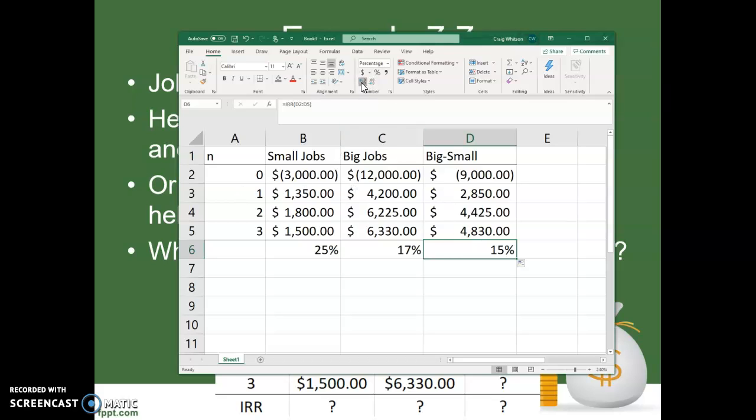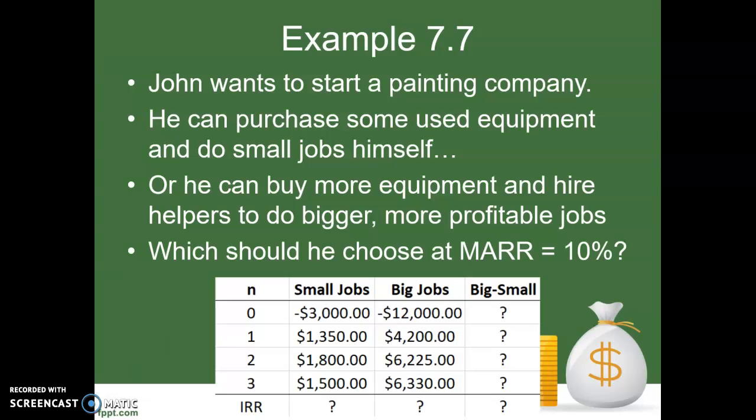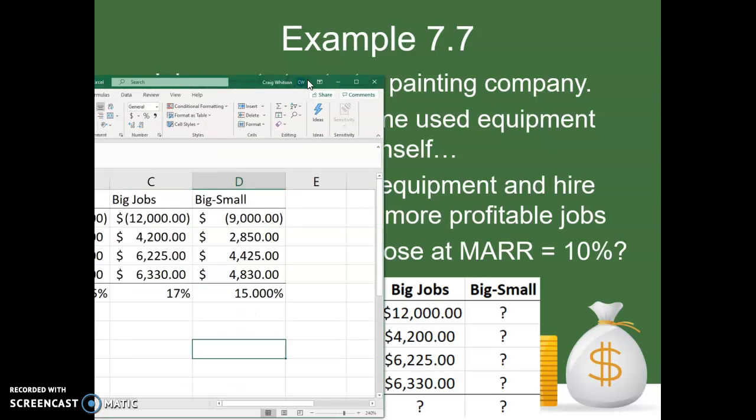And I'll even add a couple extra decimal points there. Actually, it turns out to be 15% exactly. So the example problem here told us that the MARR is 10%.